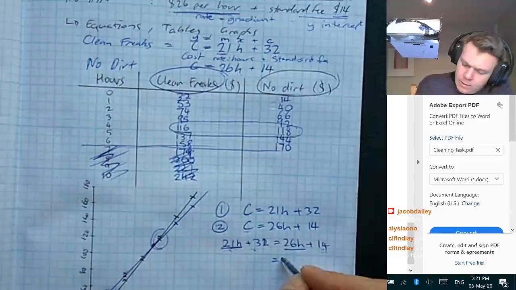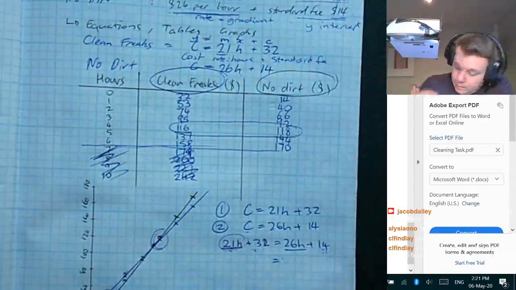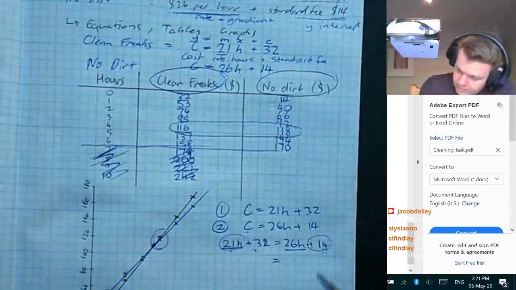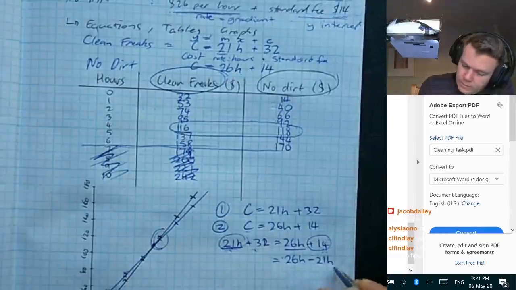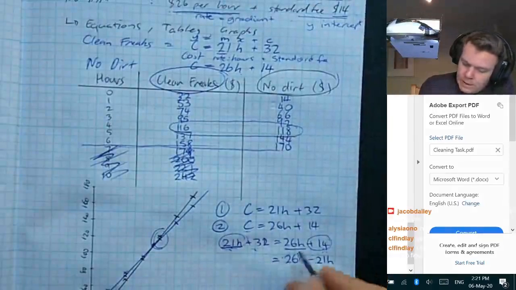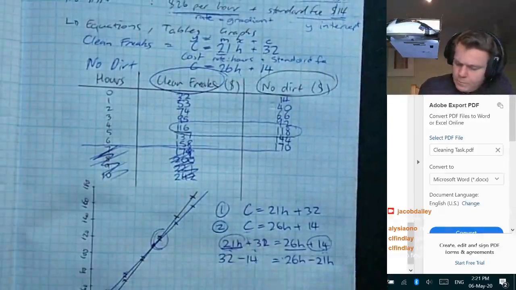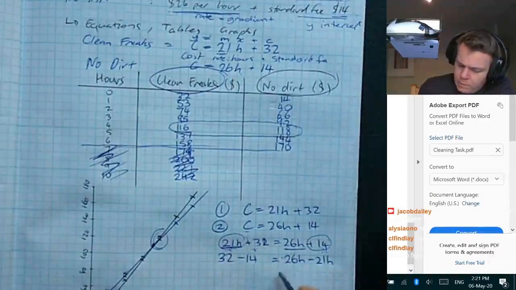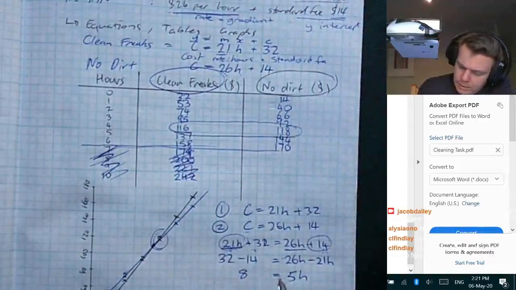So just moving this term and this term. So 26h minus 21h, and on the other side we get 32 minus 14. So we have 5 hours equals 8.